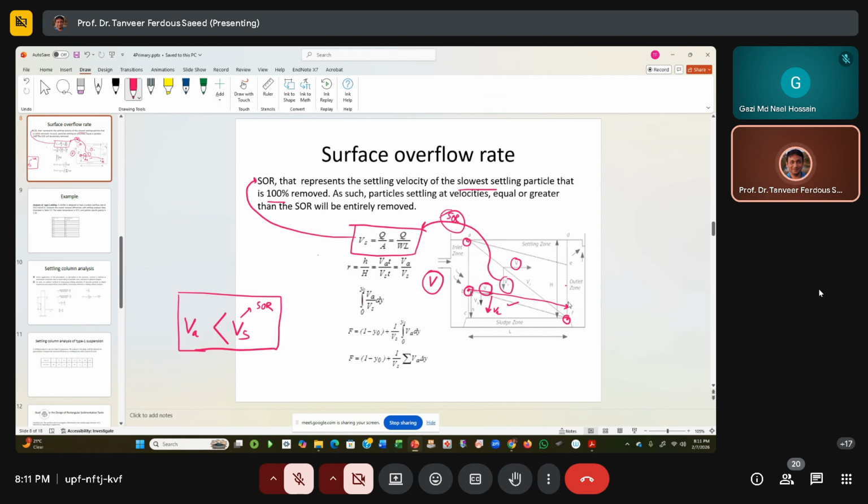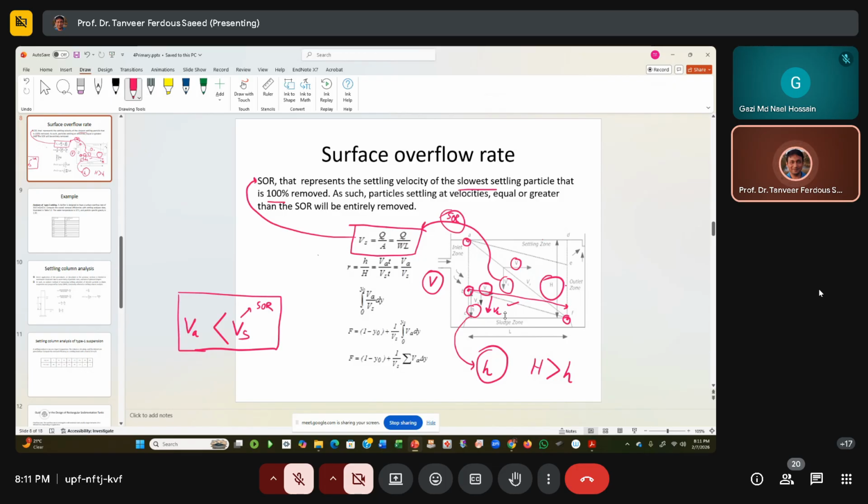Now, you have to consider the distance. Here, this particle, for 100% removal, needs to cross a vertical distance of h, that means the height of the tank. Whereas this particle needs to cross a lower vertical distance. This h is definitely greater than this one. Be careful, please be attentive.